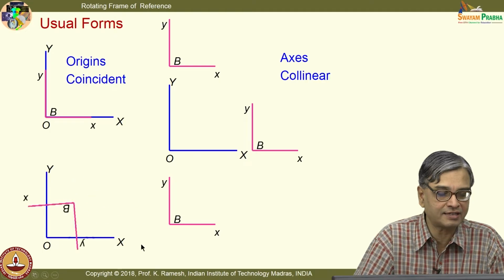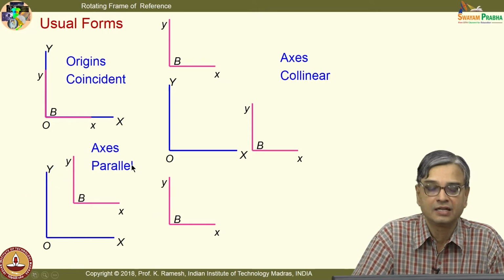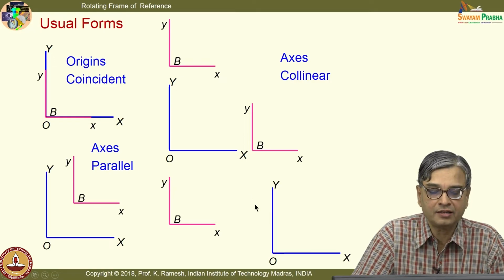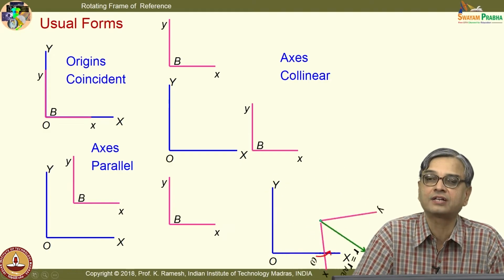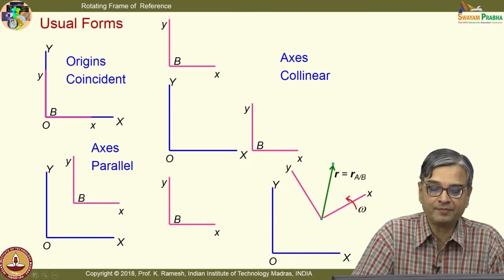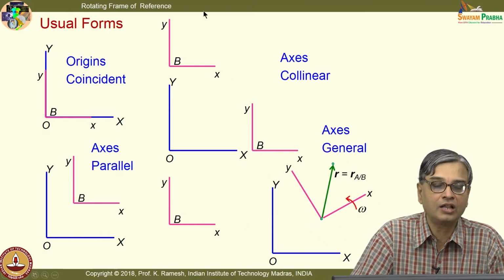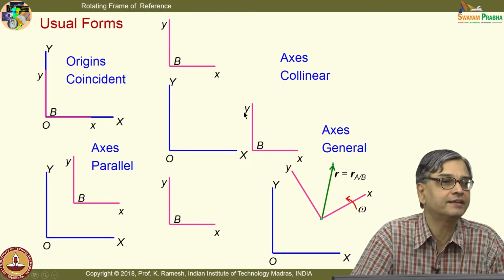I have these axes parallel, and the most general one is what you have here. I have this axis oriented at some angle to start with. And if I develop the equations for this, all the other things are easy for you to do, fine.